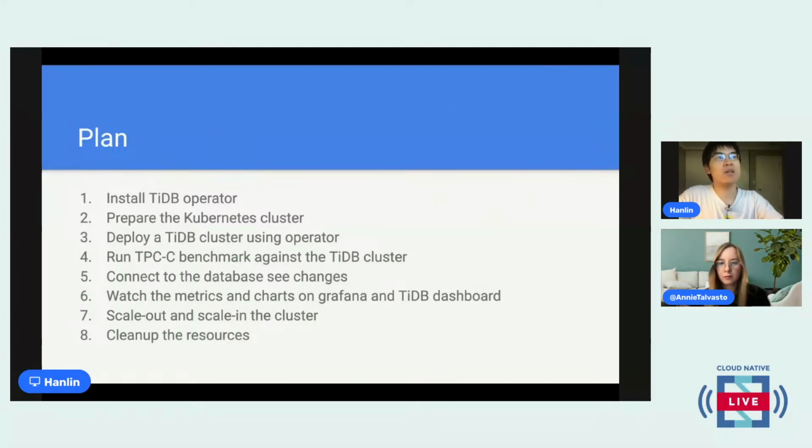Those databases are, by default, pretty much single-instance databases, so you need to manage the sharding and other stuff, and that could be tedious and also very challenging in some cases. For TiDB, the benefit is that it's very scalable, and you don't need to worry about managing the shards on your own. I think that's one of the major benefits.